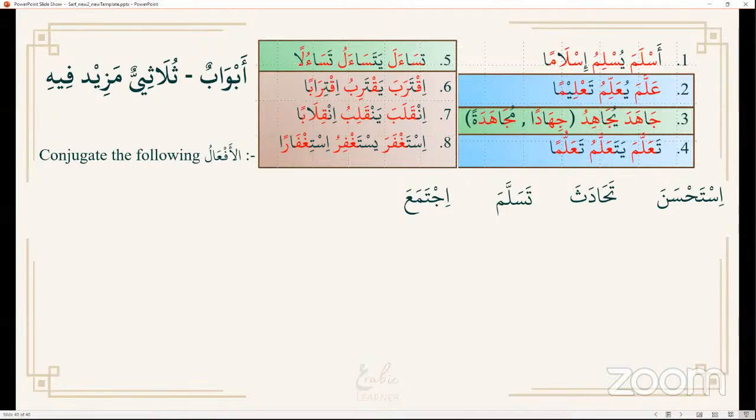Ijtama'a. Good, very good. Ijtama'a, it's number 6. No, not 7. Who gave 7? Sufia, how will it be 7, sister?